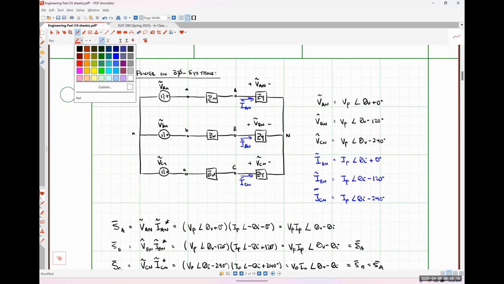Our line current, IAA, is related to our phase current, IAN, in what way?